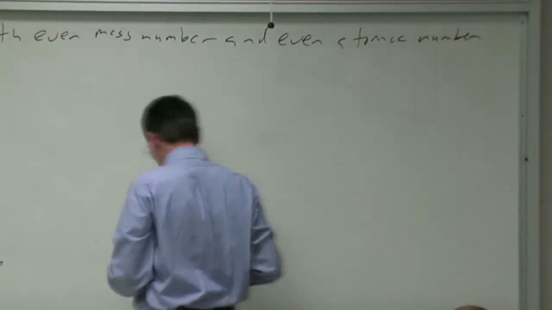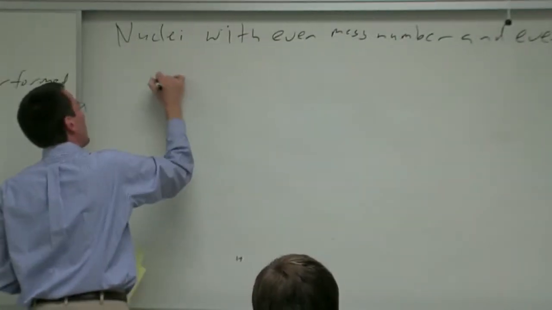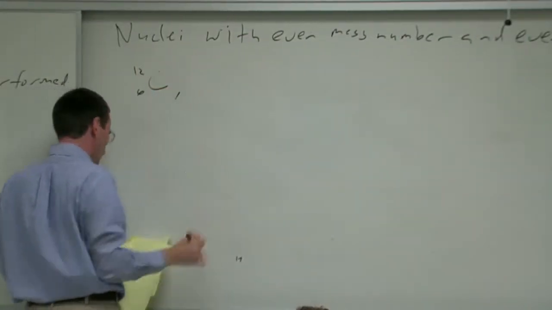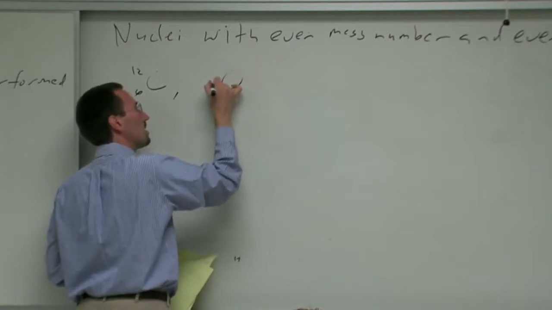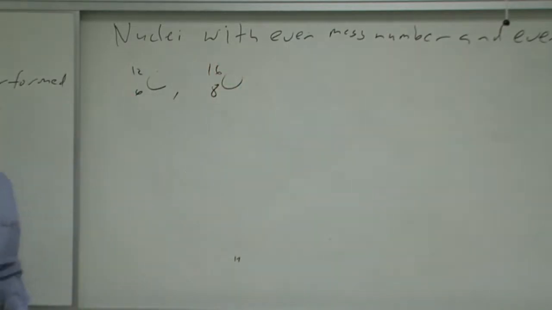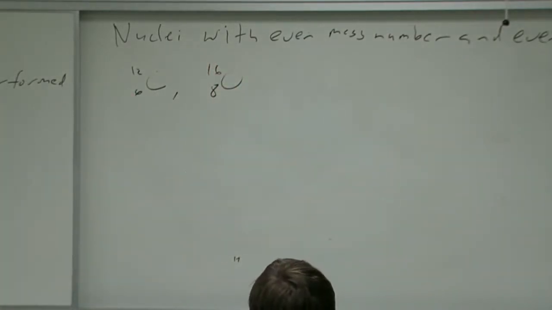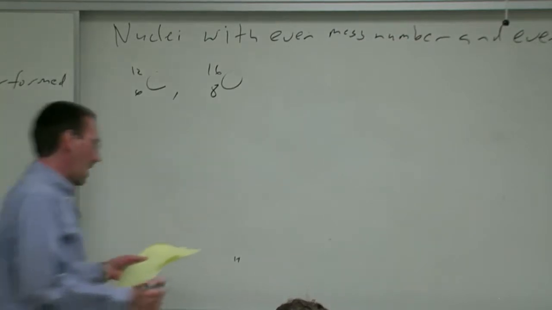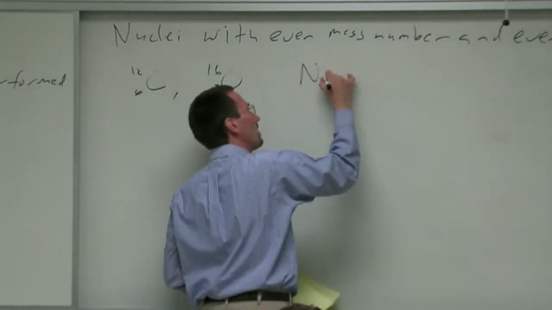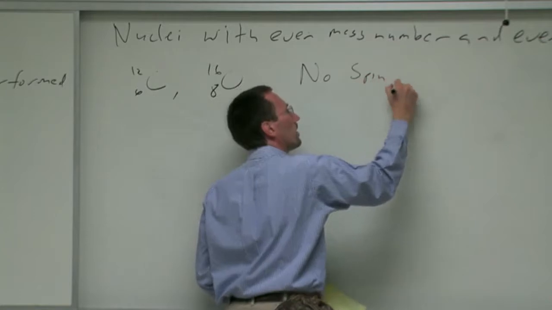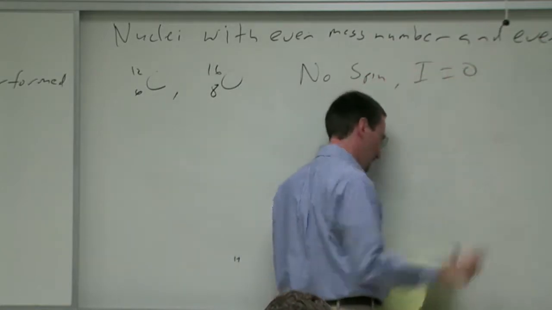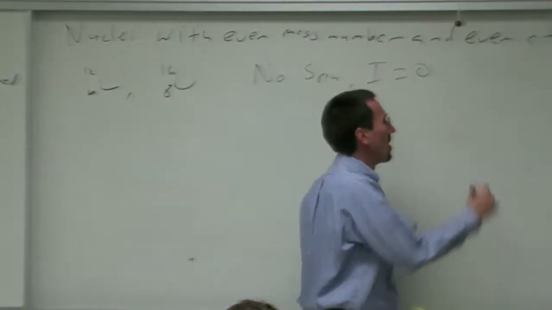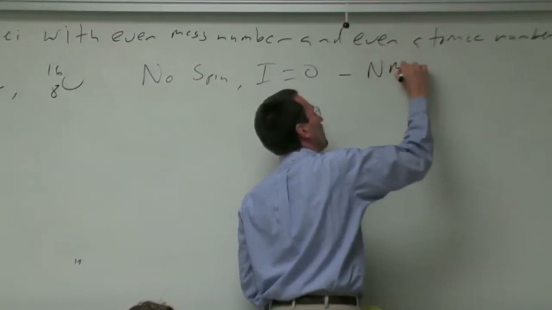So that's easy. Those are nuclei like C12, O16. And the answer is very simple. Those have a spin number of I equals 0. They have no spin, and those are NMR inactive.